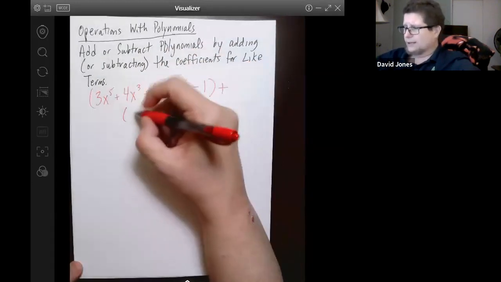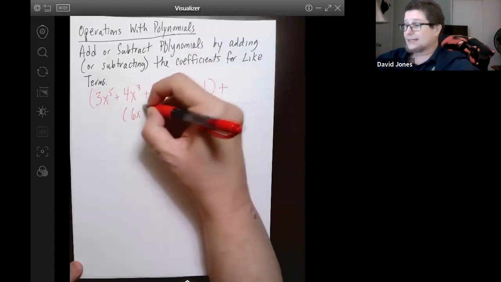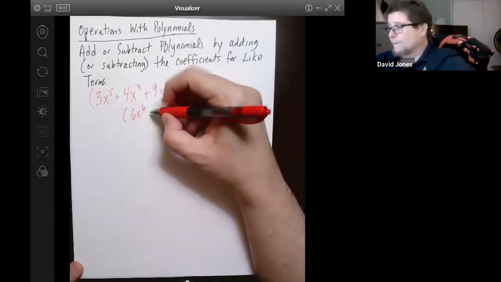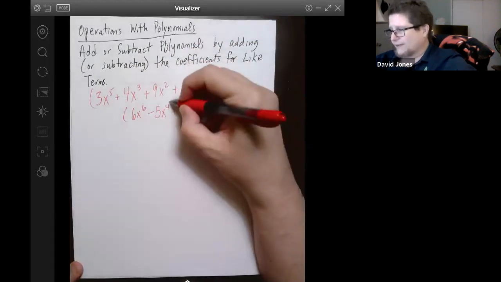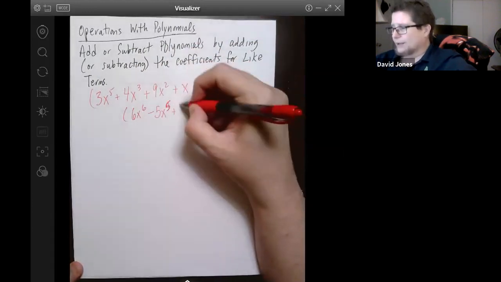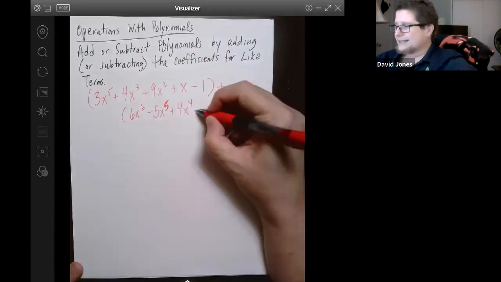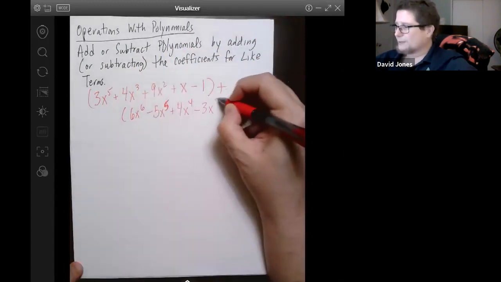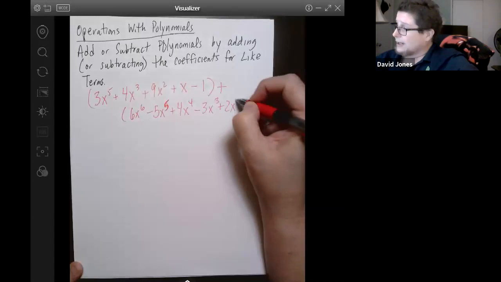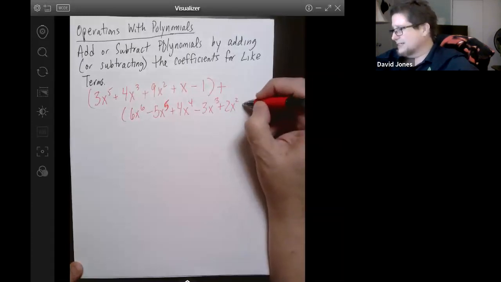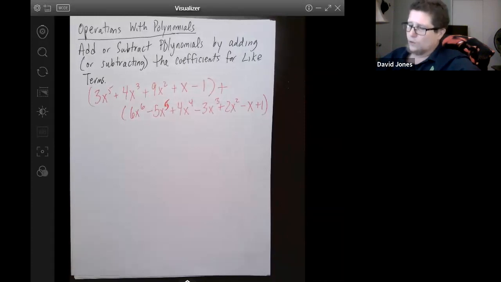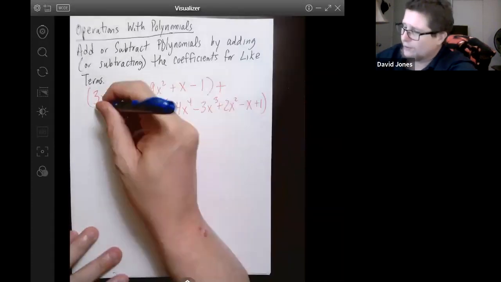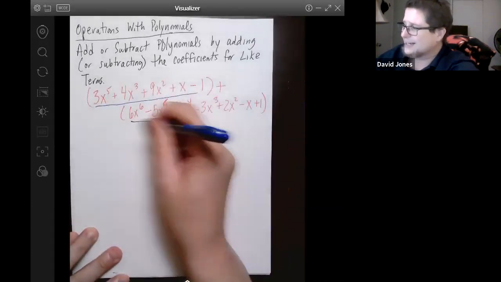Let's go with 6x to the 6th minus 5x to the fifth power, plus, I'm just getting lazy here, my coefficients are deliberately matching my exponents for fun, minus x plus 1. So this is one polynomial, and this is another.